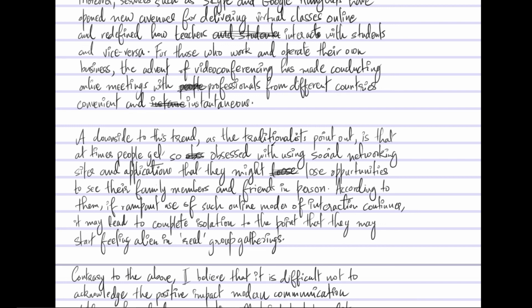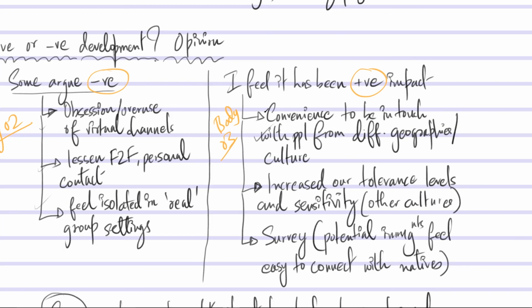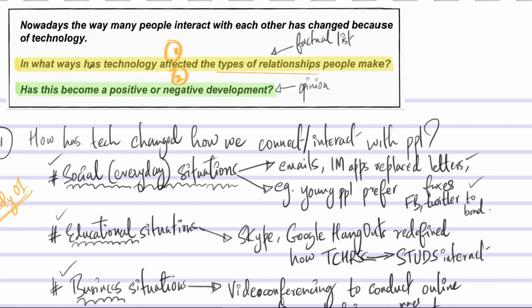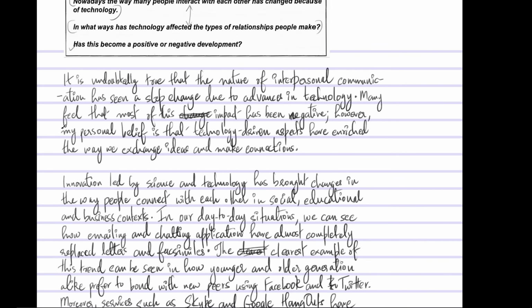And that's largely to do with the obsession that social networking sites and applications might have on our lives. And the first body paragraph is talking about the first part. How has technology affected the types of relationships, connections, interactions that we make? And this is the introduction.